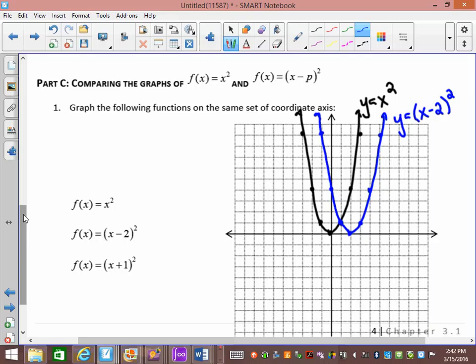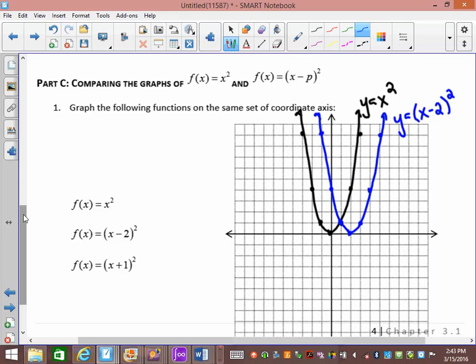Take that one out and put in (x plus 1) squared. What does it look like happens?